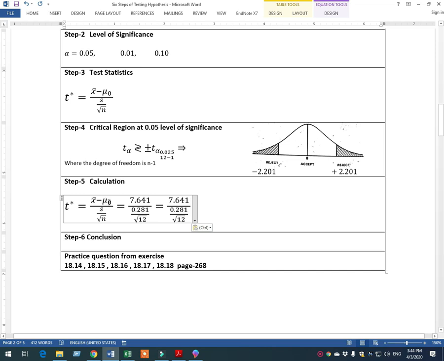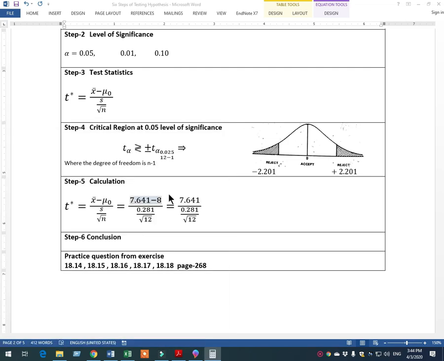Here I have the formula, that is x bar minus mu. I put in the value of x bar, but we have not subtracted the value of mu, that is 8. So here I will be doing this again.